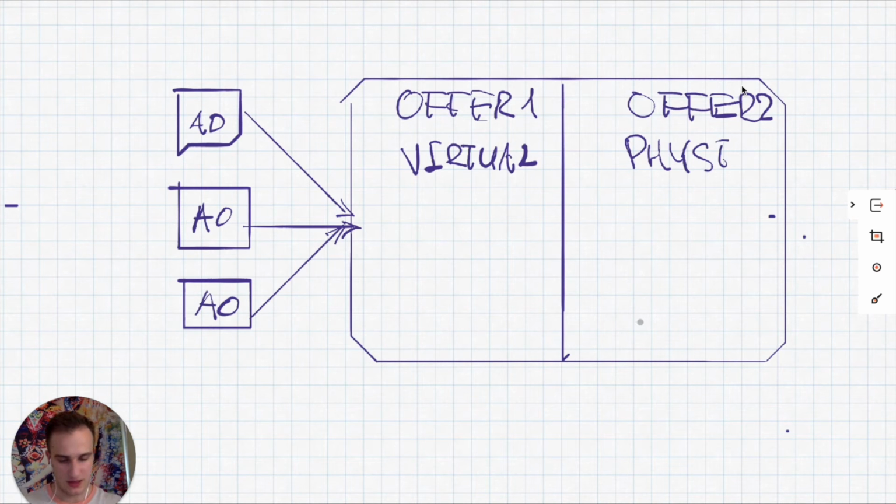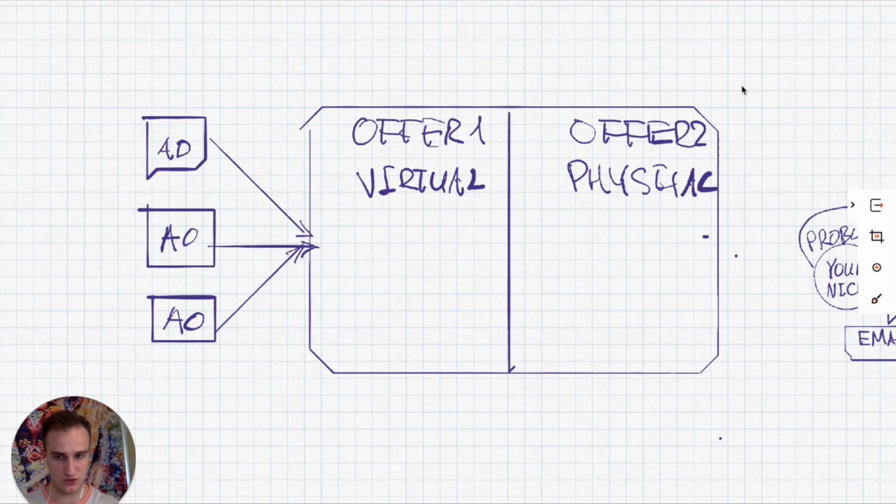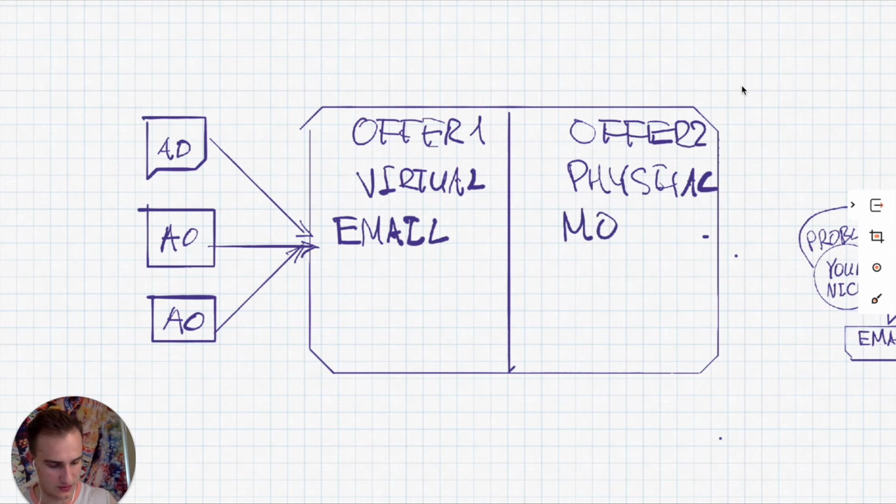Like for them, they're getting value in both cases, right? But this physical offer is much harder for them to buy than this virtual one. This virtual one is much easier, and people will pay here with their email address. Right here they will pay money.